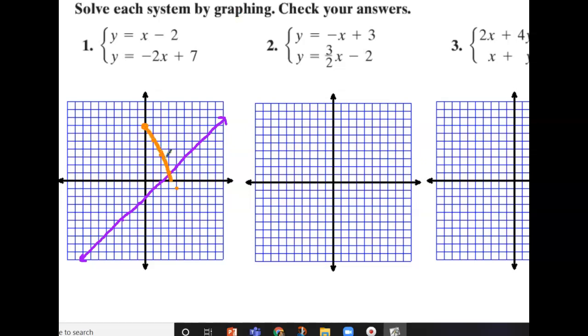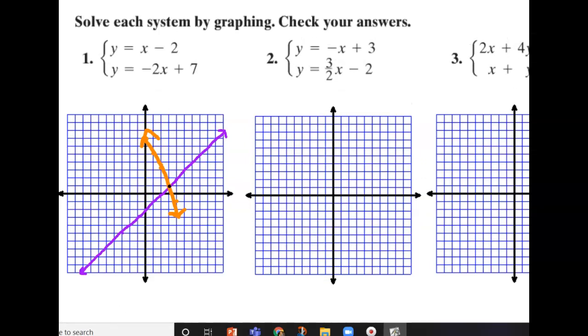So where do these two lines intersect? They intersect right here at the point 3, 1. Therefore, the solution to this system is 3, 1.